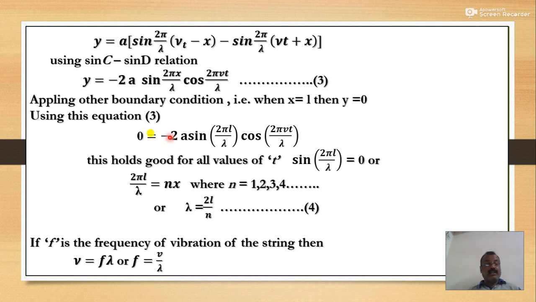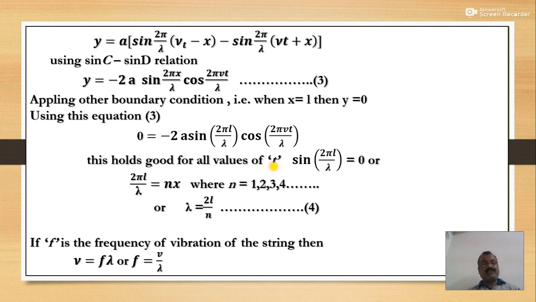Then equation 3 can be written as 0 is equal to minus 2a sin 2 pi L by lambda (x is equal to L) cos 2 pi vt by lambda. This holds good for all values of t.